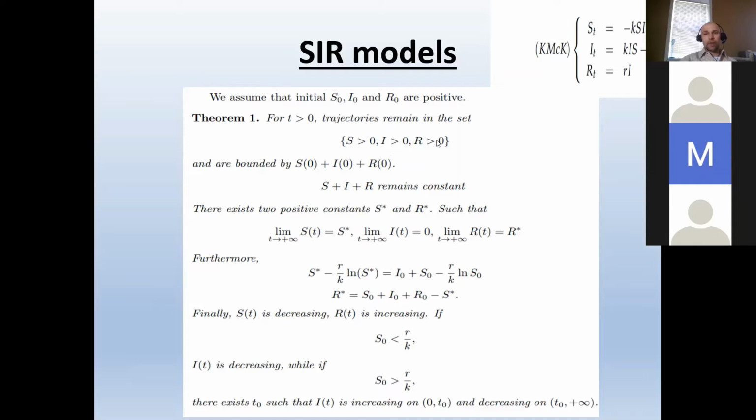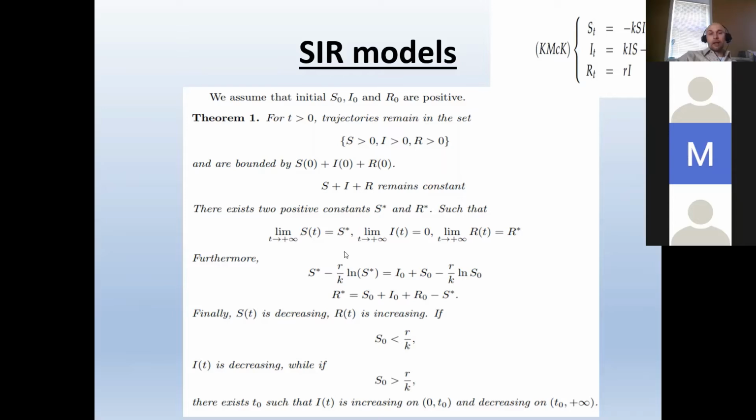You can prove that. And they will never become greater than S of 0 plus I of 0 plus R of 0. So that gives you existence for all time and more, a bound: the trajectories S of t, I of t, R of t are bounded. You will have to prove that.